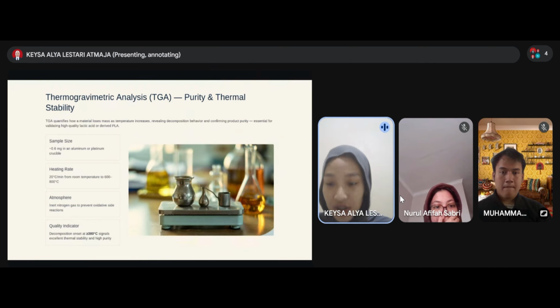In testing conditions, the sample size is typically small, around a few milligrams. It is heated gradually from room temperature up to around 600 to 800 degrees Celsius. The analysis is conducted in an inert atmosphere, such as nitrogen, to prevent oxidation.